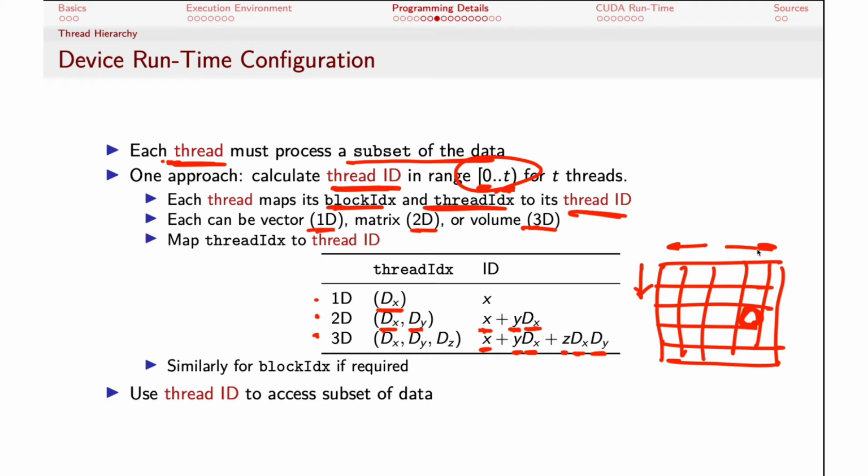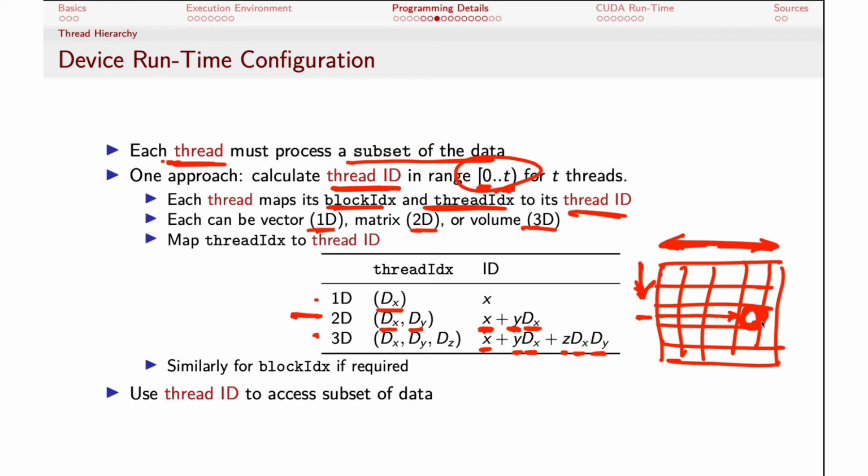That would correspond to the 2D case here. We're going to take y, the second component that tells us which row we're in, and multiply it by the x dimension. That's the number of elements per row. So we're going to skip past that many rows to get to this row. And then once we're at that row, we want to add our x value to skip across to that particular location within that row.